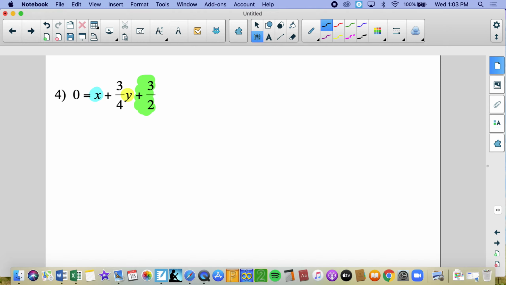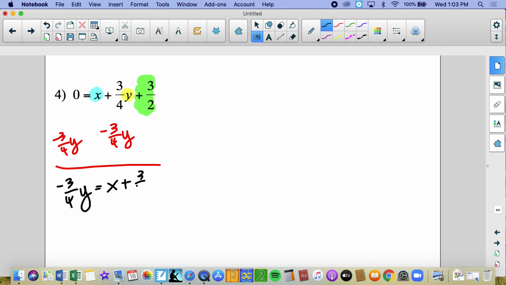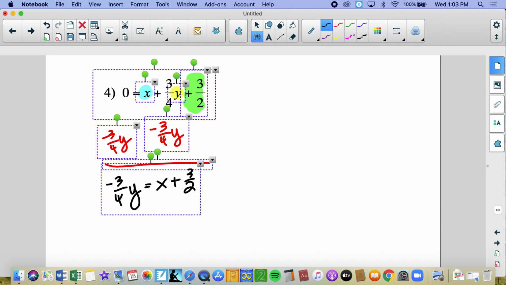So my first step is actually going to be, I'm going to subtract 3/4 y from both sides. That will cancel it on the right side and place it on the left side. So we get negative 3/4 y. X is left on the right side, and 3/2 is left on the right side. I'm going to move this over a little bit.